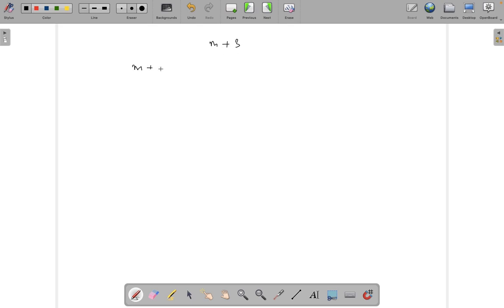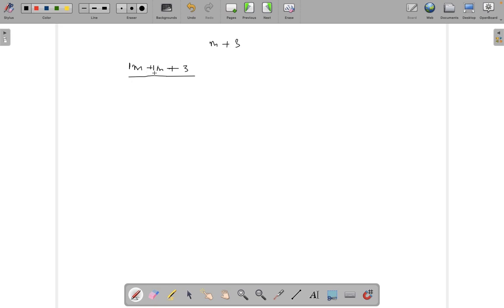If I give you m plus m plus 3, you will be able to simplify it. Simplify means to make it simpler. Currently it has a lot of terms. If you simplify it, m plus m, what is the value of m plus m? m and m are both like terms. How do you add like terms? You just add the constant terms. Since it does not have any constant term, you'll just write 1 and 1 here.